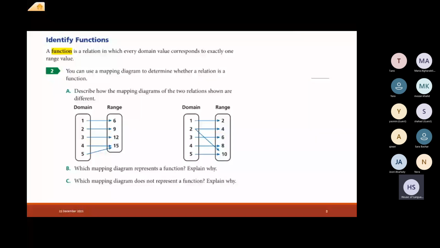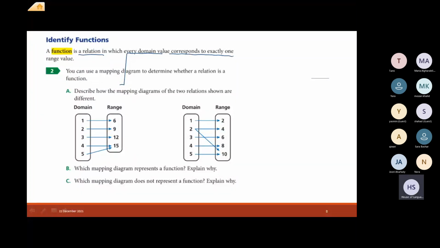Right. Now here. A function is a relation where every domain corresponds with exactly one range. Every domain connects with exactly one range. Look at this one here. Let's see these 2 cases.